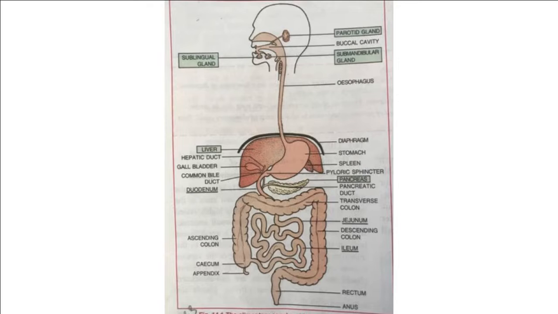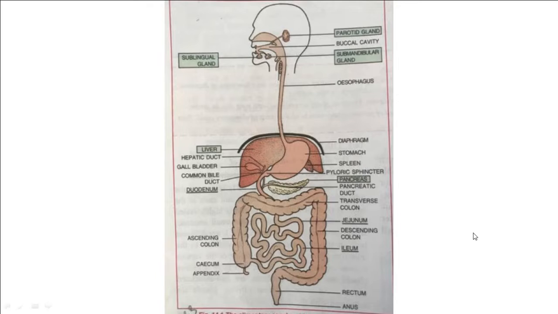Then continuous to the duodenum, you have the jejunum. After the duodenum, the next part of the small intestine we call the jejunum. Jejunum means empty, as this portion of the small intestine is found to be empty in a dead person.